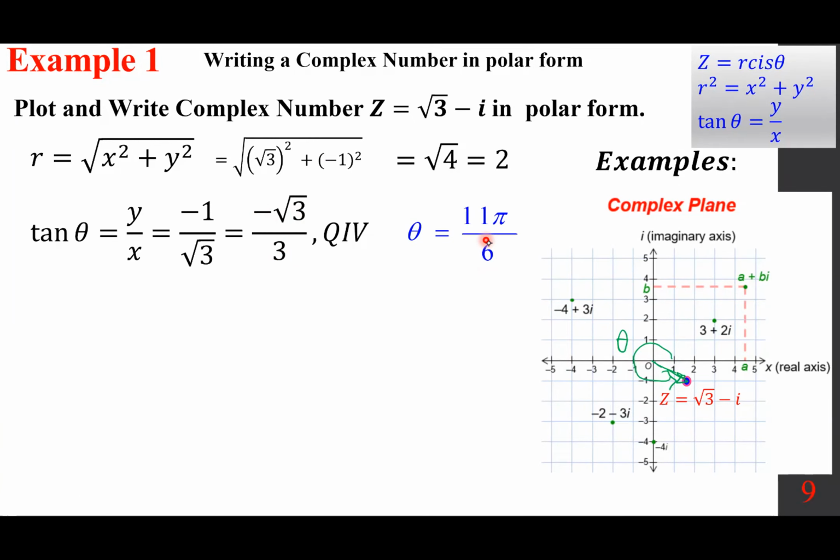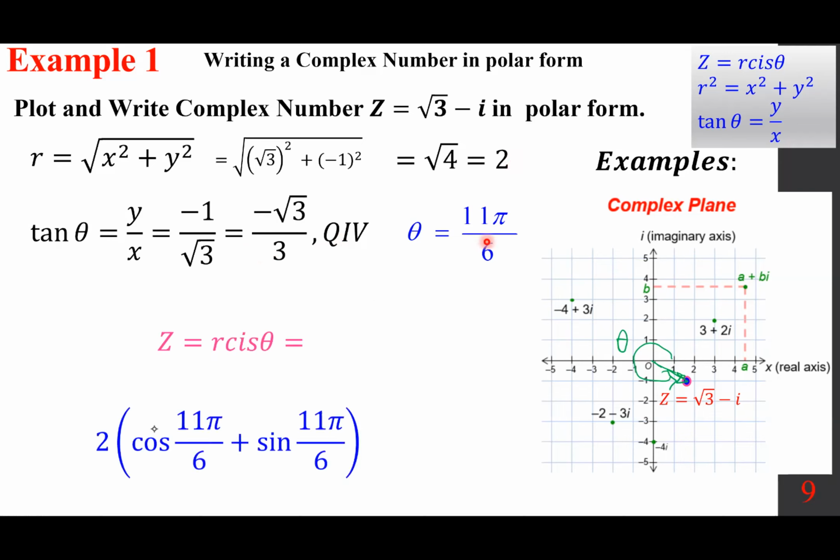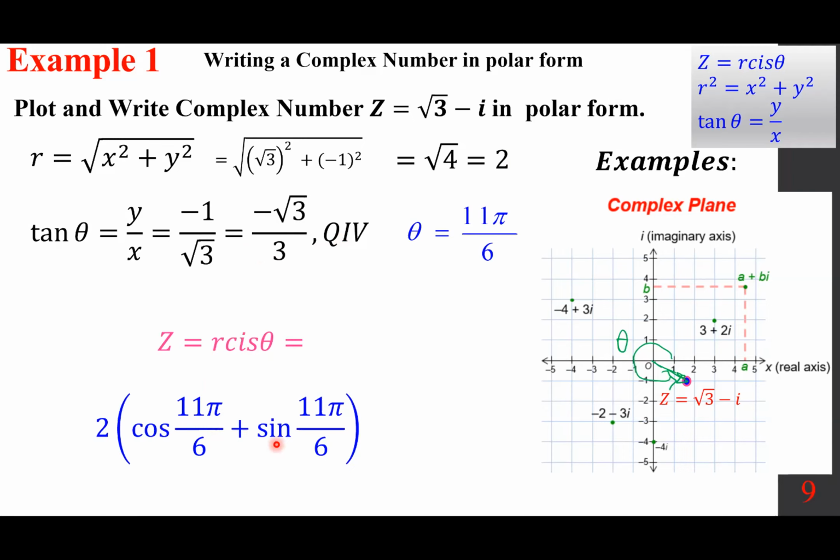So r cis theta. We are going to write 2 cis 11 pi over 6, which means cosine of 11 pi over 6 plus i sine of 11 pi over 6. By the way, if you evaluate the cosine and sine and you multiply by 2, you come up with the answer.